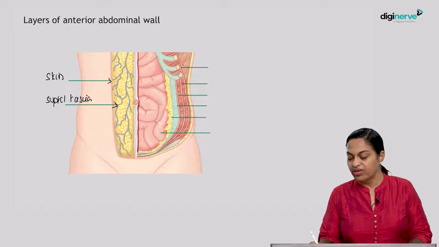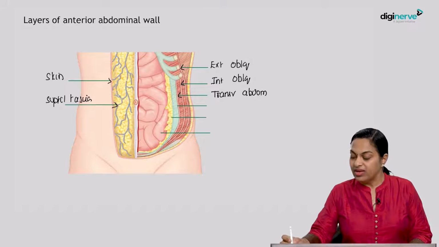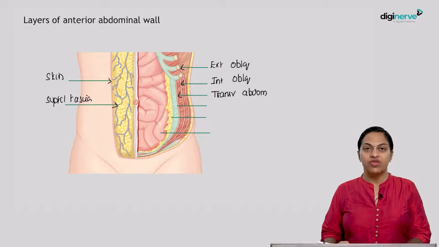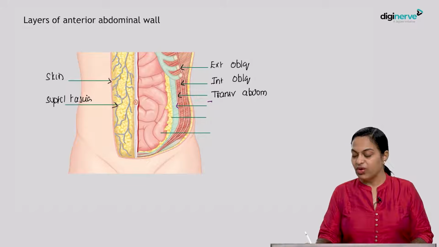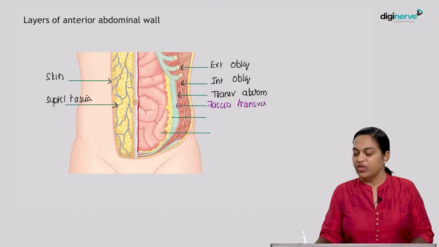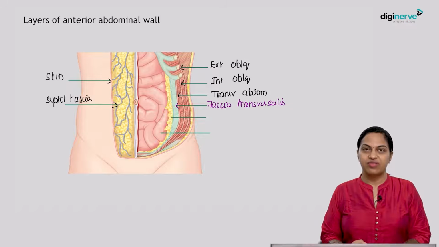From outer to inner, it is going to be external oblique muscle, inner to it, internal oblique muscle, and inner to it, transversus abdominis muscle. Inner to the transversus abdominis muscle, we have a thin fascia, which we are going to call the fascia transversalis, which lines the inner aspect of the transversus abdominis muscle.